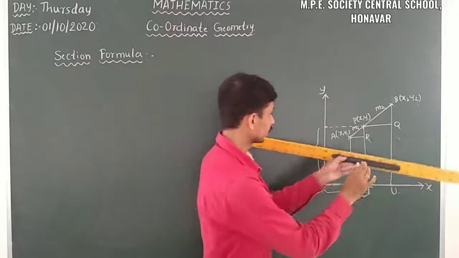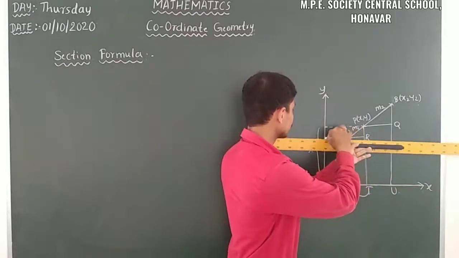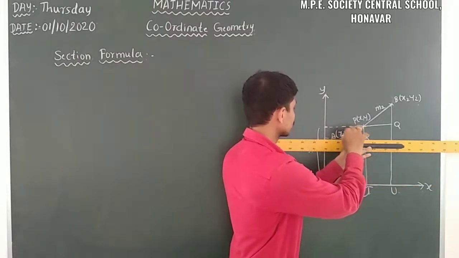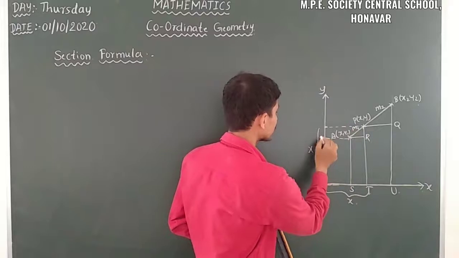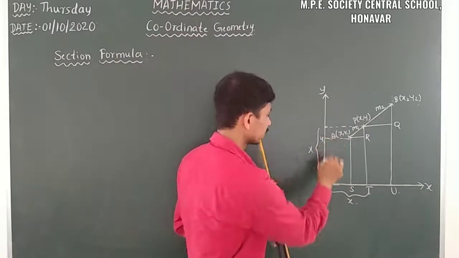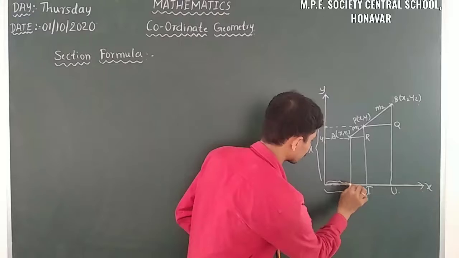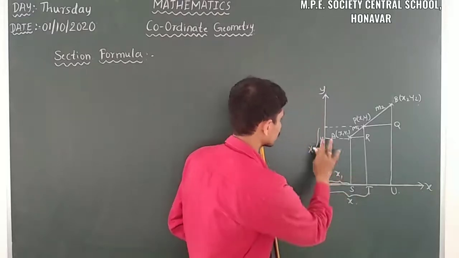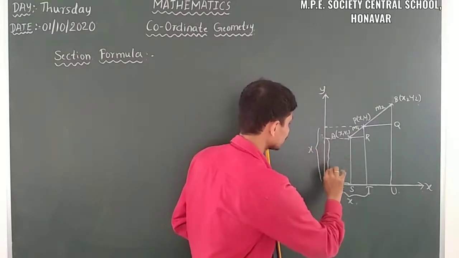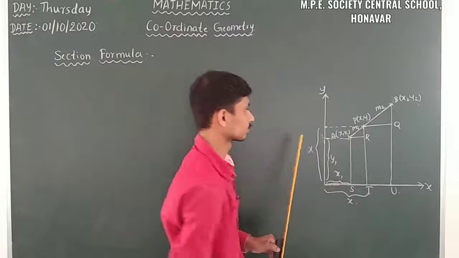Also here, when we take this distance, it is y1, and here this distance is x1. So here we have this distance is y1.